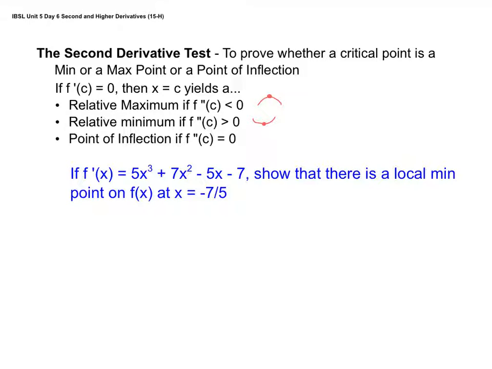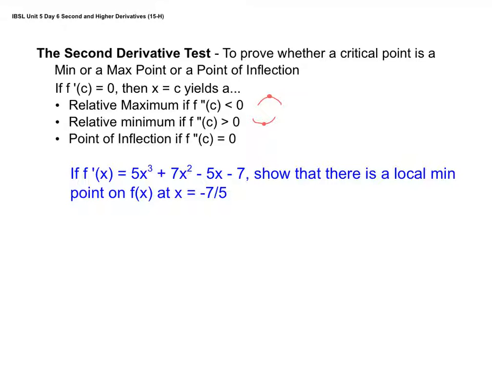And then, this is what I was telling you before. If f prime is 0 and f double prime is 0, you have a plateau point. And that's also a point of inflection.